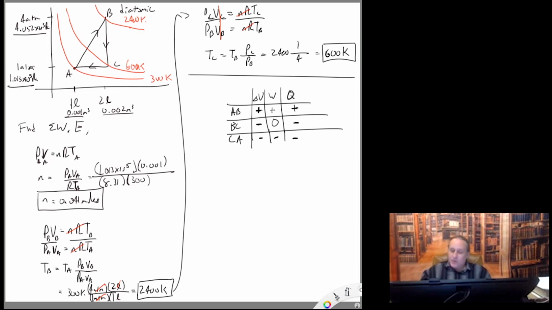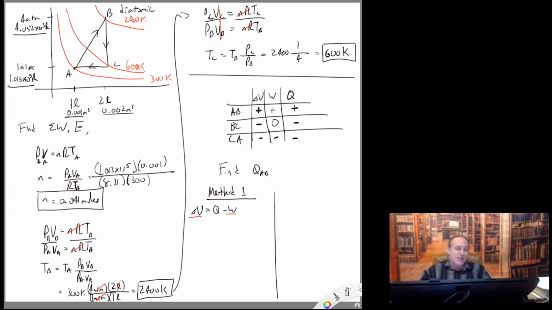Okay? So we want to find QAB. And there are two methods. Method 1. We know that delta U equals Q minus W. So in method 1, we just find delta U and we find W and we get Q that way. So that's probably the method we'll pick, but I want to show you a second method as well.